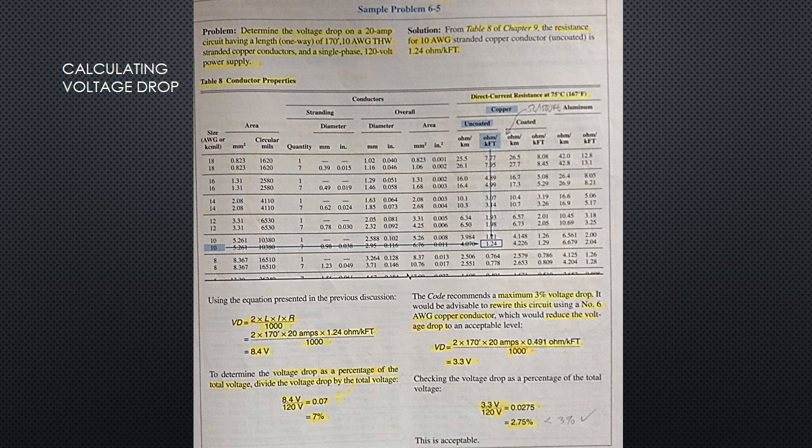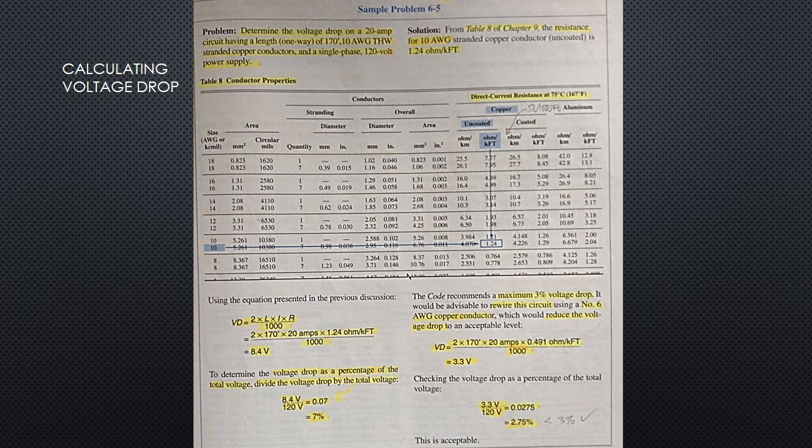So in this case 8.4 volts divided by 120 volts is 0.07, which is 7%. The code recommends a maximum 3% voltage drop. It would be advisable to rewire this circuit using a number 6 AWG copper conductor, which would reduce the voltage drop to an acceptable level.